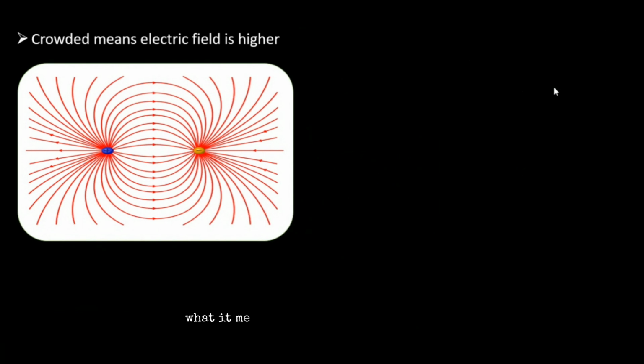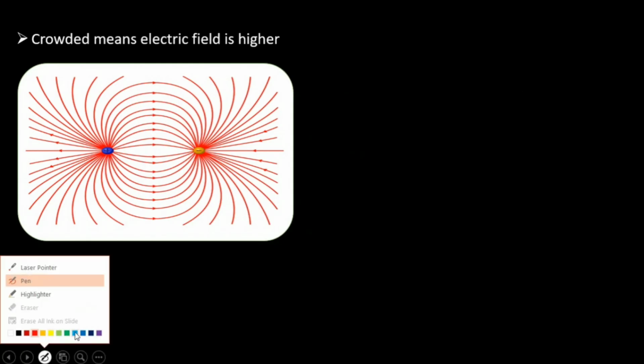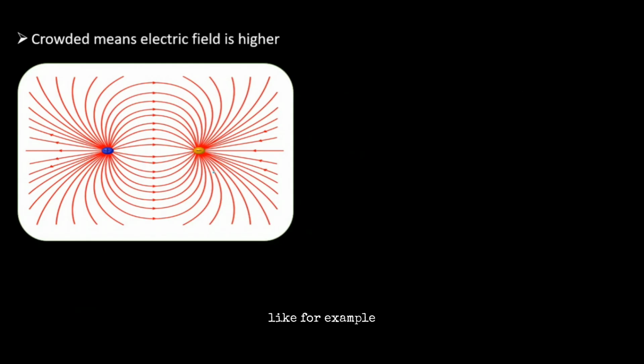So you can see another point. Crowded means the electric field is higher. For example, I'll choose two regions. One is this, another is this. So this is the first region, and this is my second region.